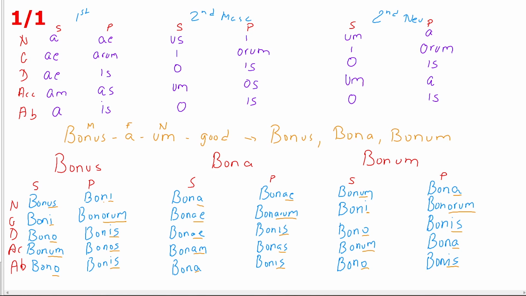Any doubts with this so far? Yeah. So that means this is the first group of adjectives which focuses on the first and second declension. There is also one more group where you have the third declension coming in.